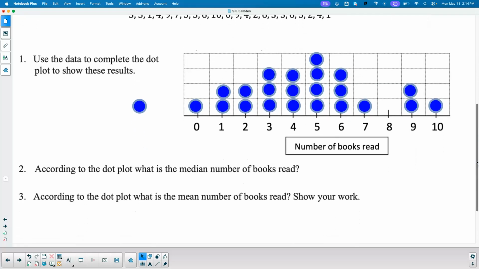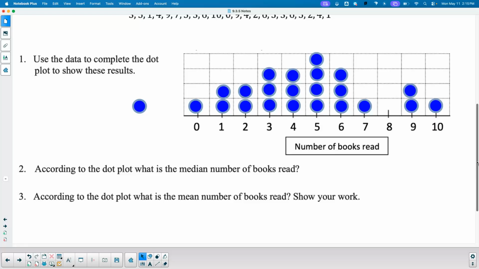Well, that's going to be the middle number, correct? Median means middle. So if we've got 22 data points, I'm going to take the average of which two? Which two? 11 and 12, right? Because I'm going to take the average of those two.